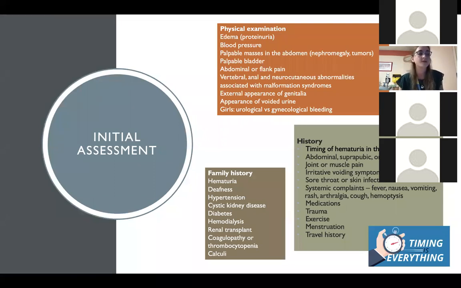The timing of hematuria, for example, is also important. Initial hematuria usually suggests urethral bleeding, while terminal bleeding usually suggests some bladder disease. And then continuous bleeding throughout the urination may originate in the bladder, the ureter, or the kidneys.